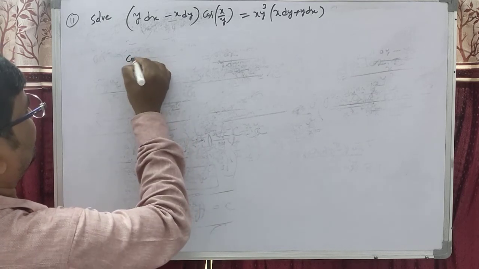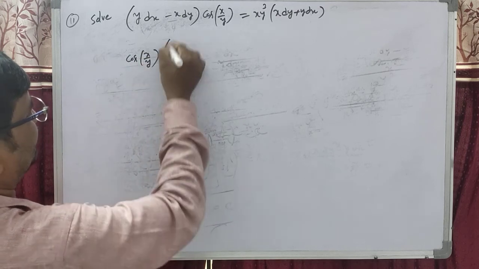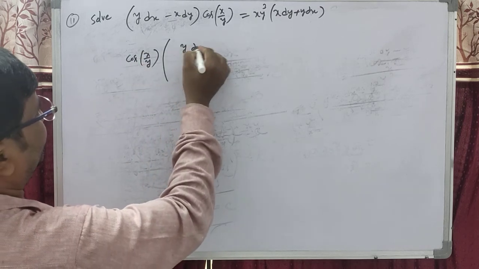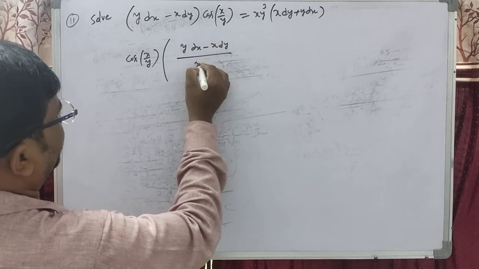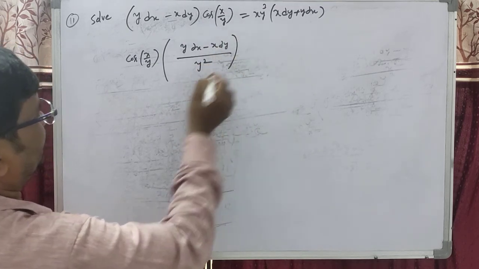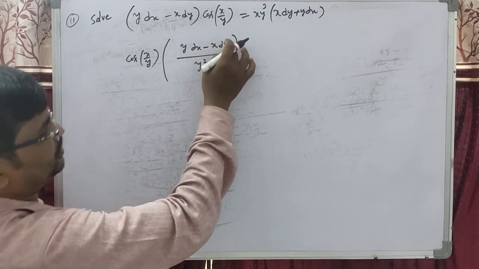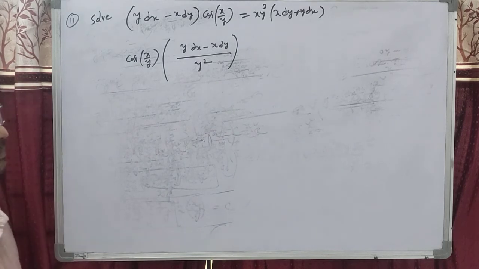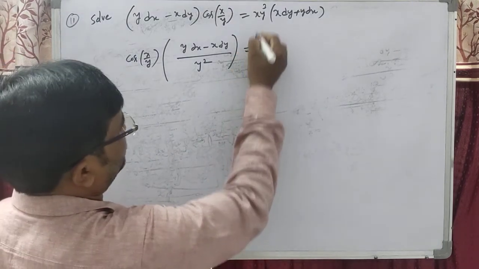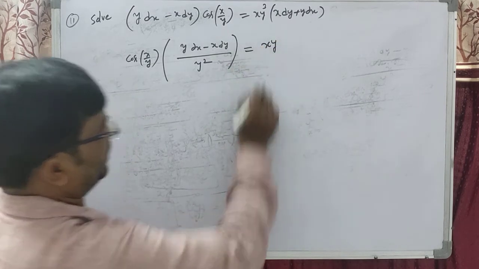First you write cos of x by y, after that y dx minus x dy. When you take y square, undoubtedly this is the derivative of x by y. y dx minus x dy by y square is the derivative of x by y. So divide by y square on both sides.